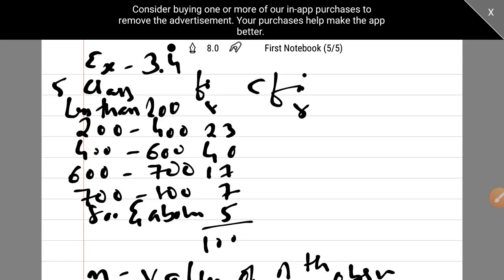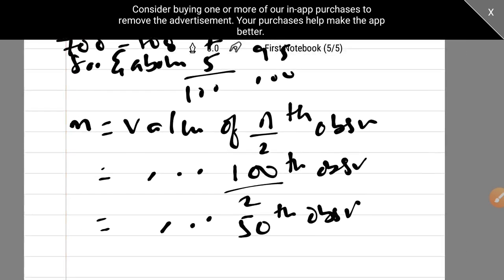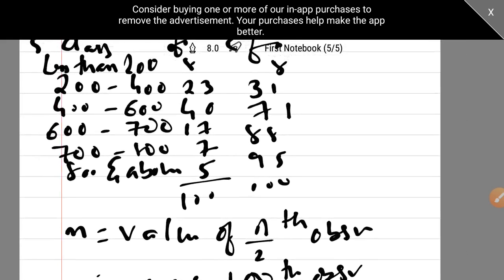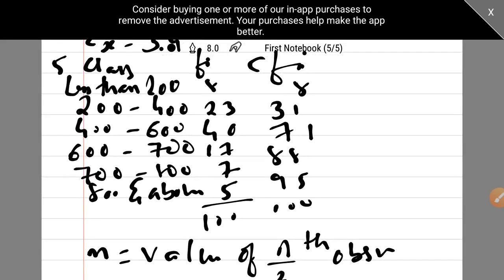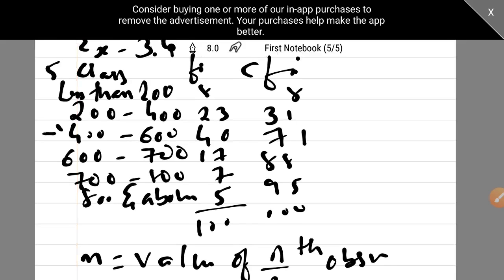8, 8 plus 23 is 31. Then 71. Then 88. Then 95. And then 100. Okay, so there is a bit of up and down in the sequence. But if you want to find the 50th observation, this is your class 400 to 600.